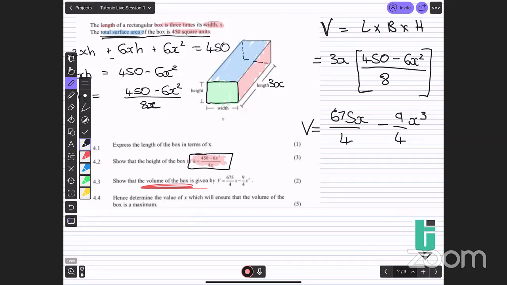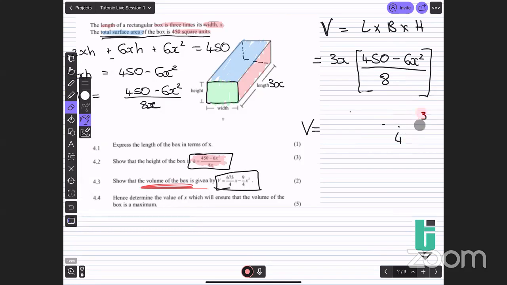Okay, I skipped a few steps there. Let me redo it. 3x, what's 3x times 450? It's 1,350x, right? Minus 18x squared, minus 18x cubed, over 8.